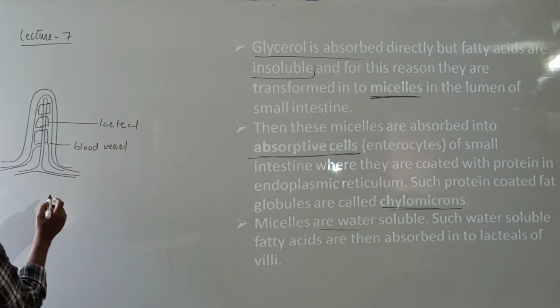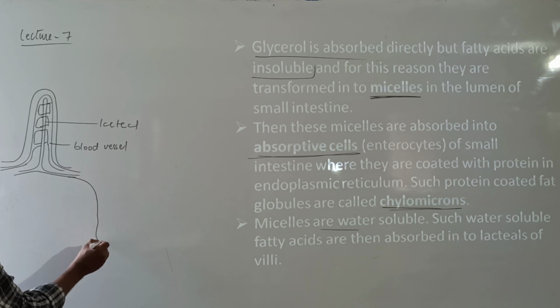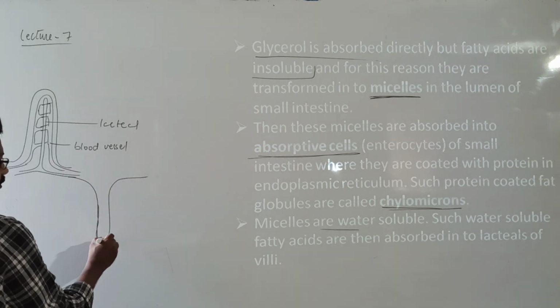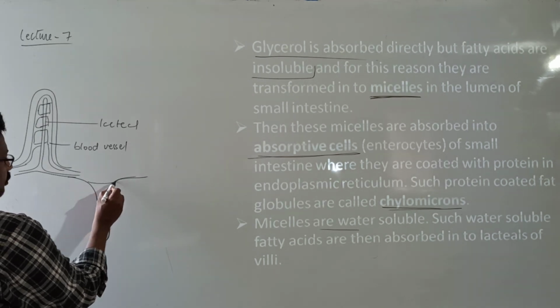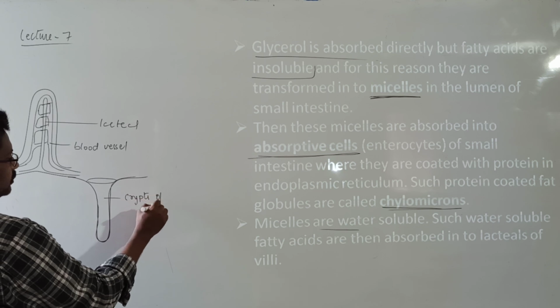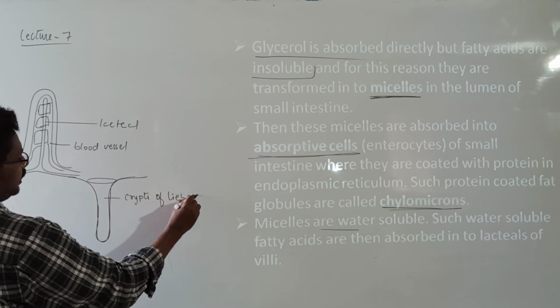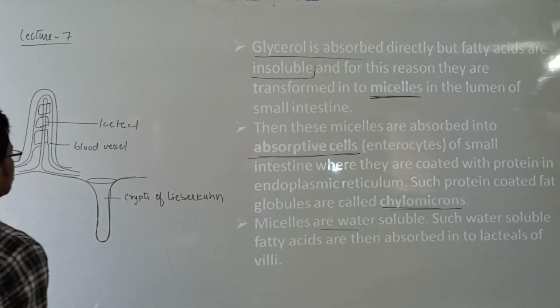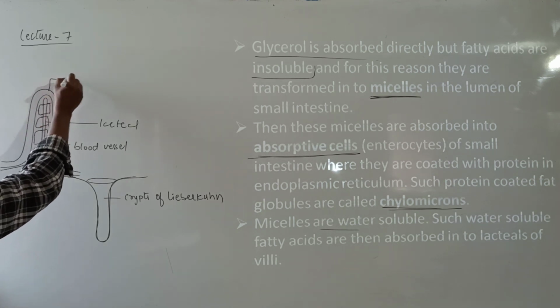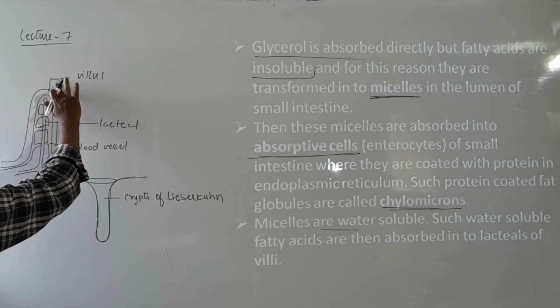In between these villi, you may find small depressions, which open to the outside, and these are called the crypts of Lieberkühn. So this is villi, and villus is singular.